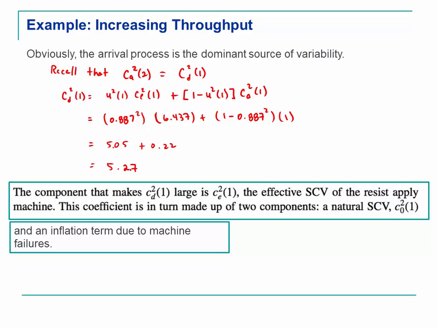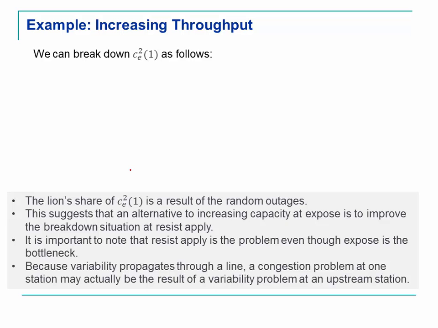Okay, so we break down CE squared of 1 as follows. So this is going to be A1 equal to MF of 1 divided by MF of 1 plus the mean time to repair of 1.